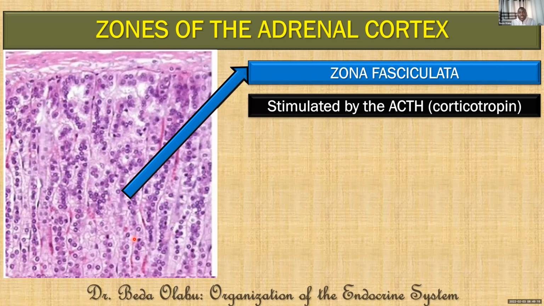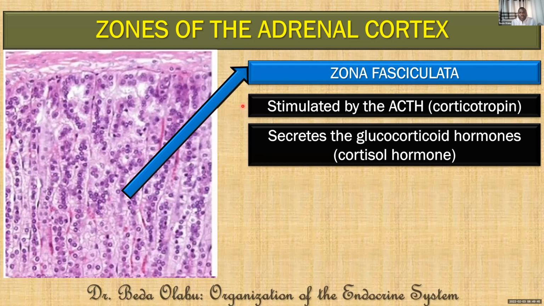The cells of this zone become stimulated by the adrenocorticotropic hormone. Adrenocorticotropic hormone is also known as corticotropin. Remember, this hormone comes from the corticotrophs of the anterior pituitary, so it's an anterior pituitary hormone.